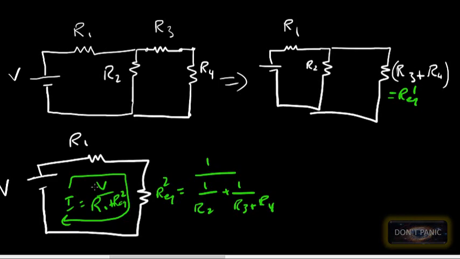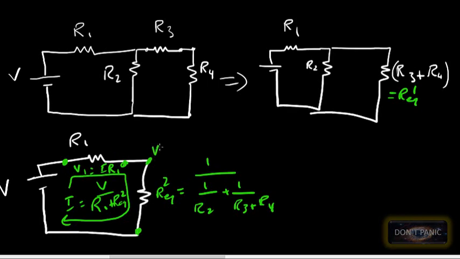So then once you find this current, then you can find the voltage across R1. Voltage across R1 is going to be I times R1. So that means we found the current in R1 and the voltage across R1, so we're done with R1. And then we know the current and this equivalent resistance, and from that we can find the voltage.